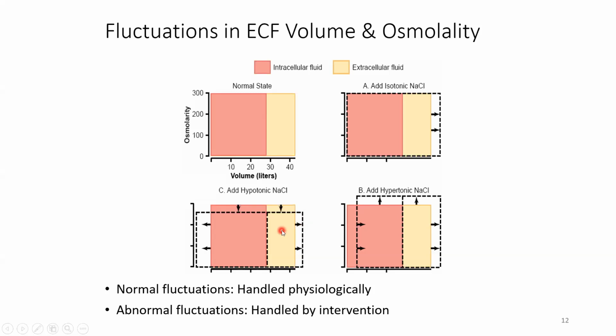Okay? Then what happens? This is diluter, and this is more concentrated as compared to this new reality that you have created. What will happen is then water will start to enter the intracellular space, okay, increasing its volume.